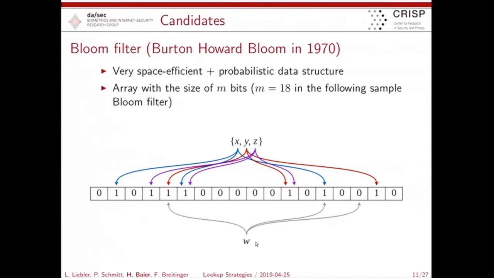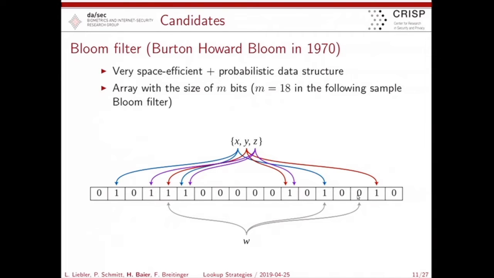So then later at the lookup phase, if you want to decide if a presented element W is in the set, in this set here, you simply take the same approach. You compute the 3 positions, and then you look, are there ones? Because if W is in the set, then all 3 positions must be set to 1. This is okay here. This is okay here.